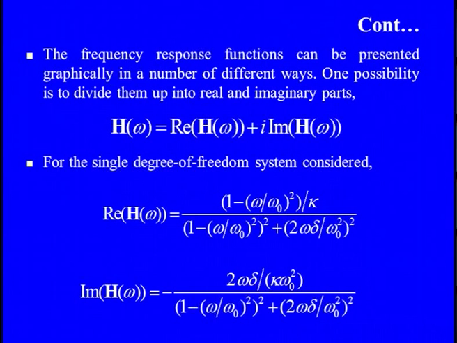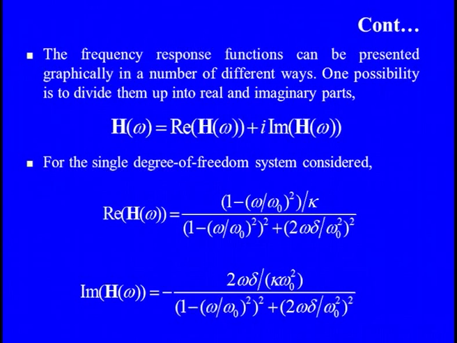So, the real part of this dynamic flexibility, or the FRF function, is equal to 1 minus (omega by omega 0) squared, that is the frequency ratio squared, divided by the stiffness times [1 minus (omega by omega 0) squared] whole squared plus (2 zeta omega by omega 0) squared. So, in the real feature there is a straight impact of the natural frequency and exciting frequency ratio, but in the imaginary one we have a clear interaction of the damping as well on top of that.